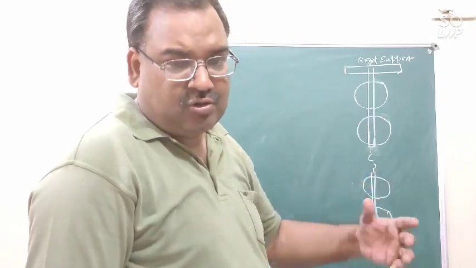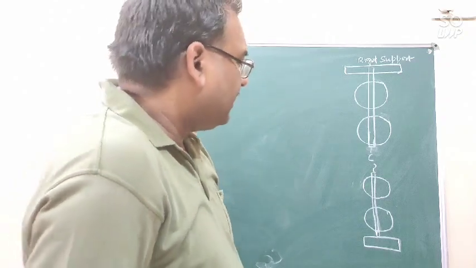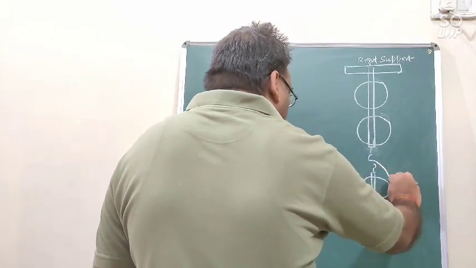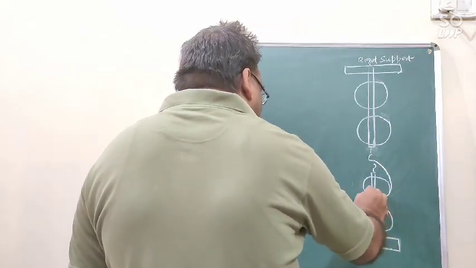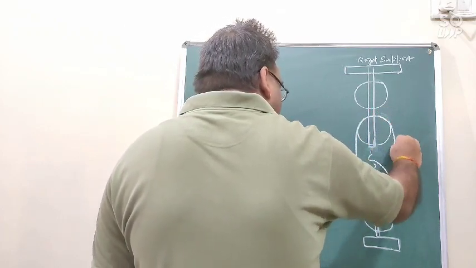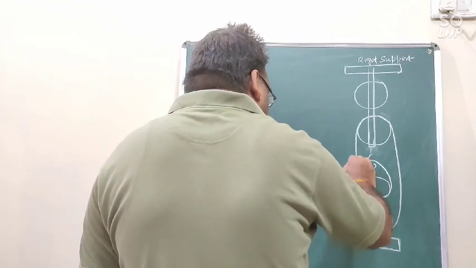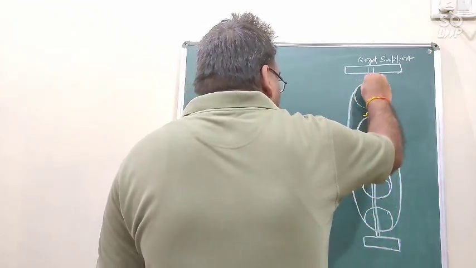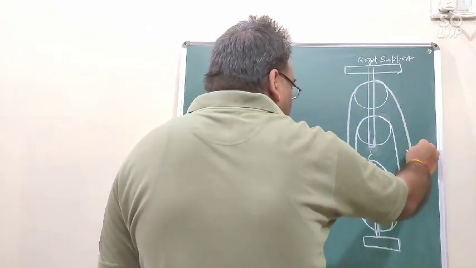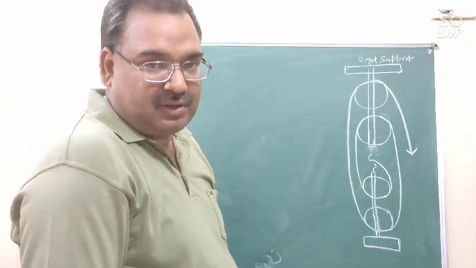Now again I will tell you how to put the tackle in this system. We start putting the tackle from the top hook, and the tackle will go like this from this end in the upward direction, then come down. Please learn to put the tackle, because you are asked to put the tackle in the block and tackle system in the examination. Okay.